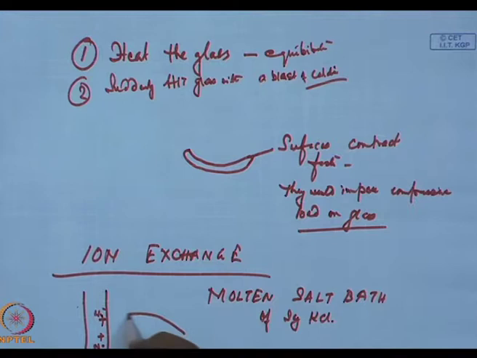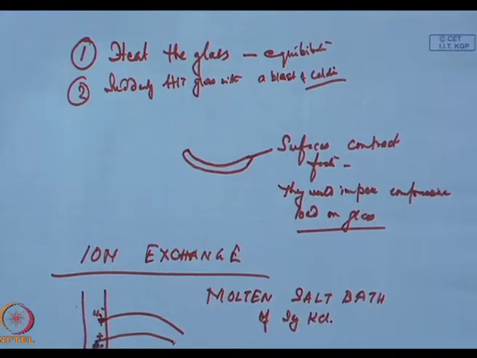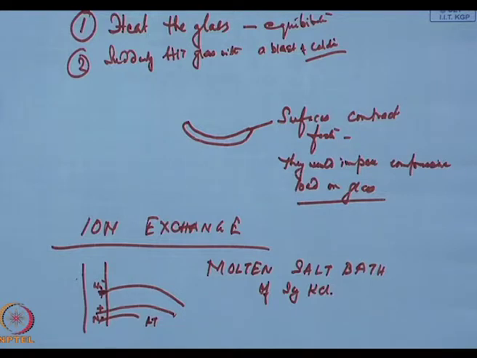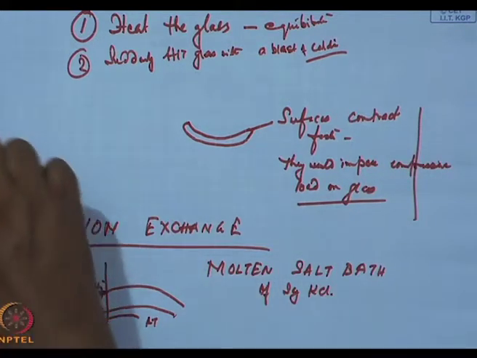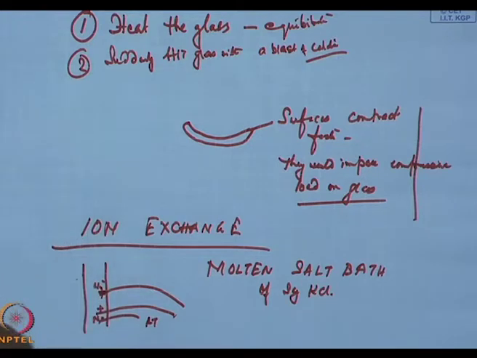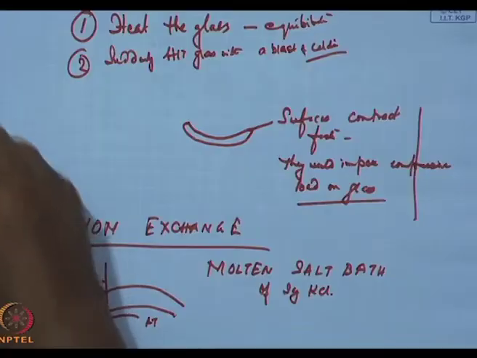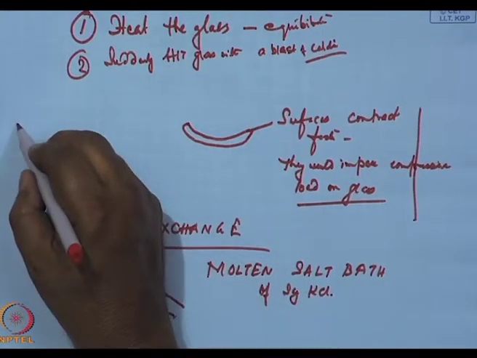The potassium ions migrate and sit on the surface, and as a result, the potassium ion being larger than the sodium ion, it would impose a compressive force. And the same thing would happen because of the compressive force. The fracture or the flaw would again close before it can propagate.